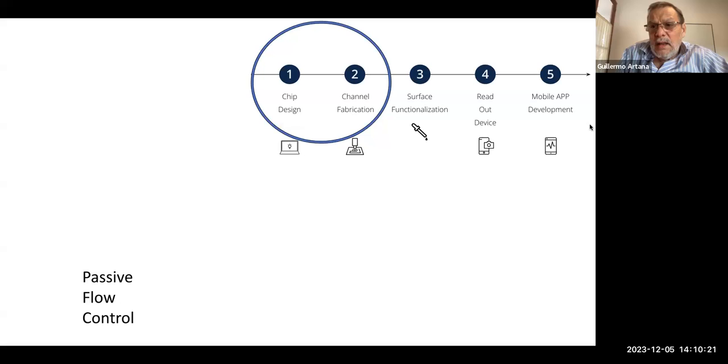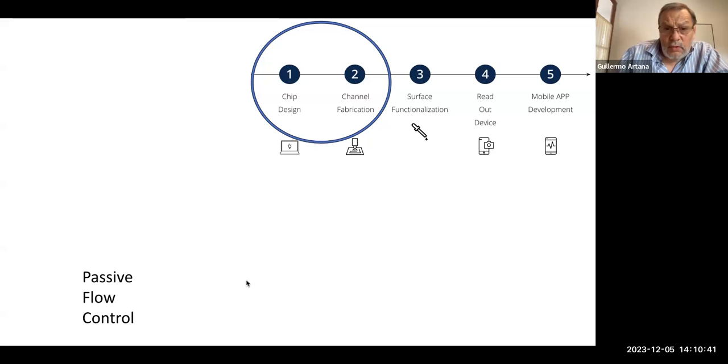In general, in this process, you have different stages: chip design, channel fabrication, surface functionalization, readout devices, and mobile phone apps.